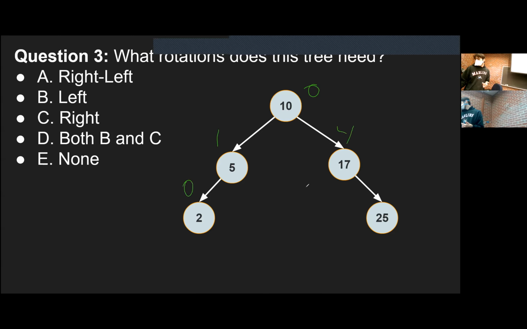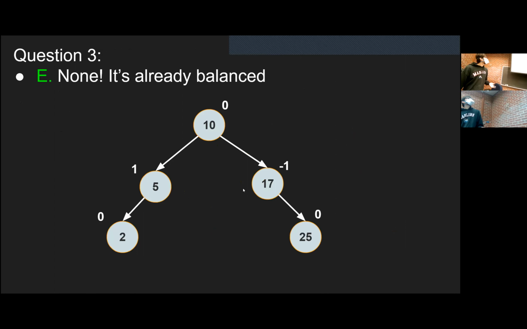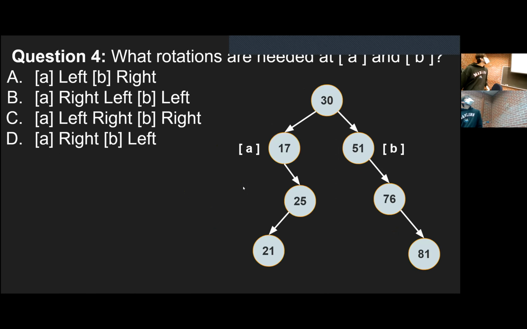But at 2 and 25 it is 0. So are there any imbalances? No, right. Awesome. No imbalances, so we don't need any rotation. All right, so that's question 3. Yeah, none.